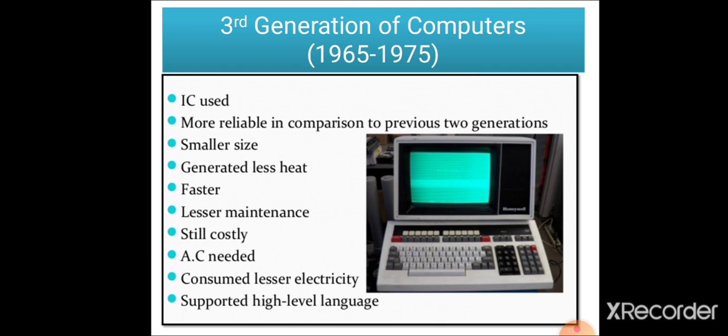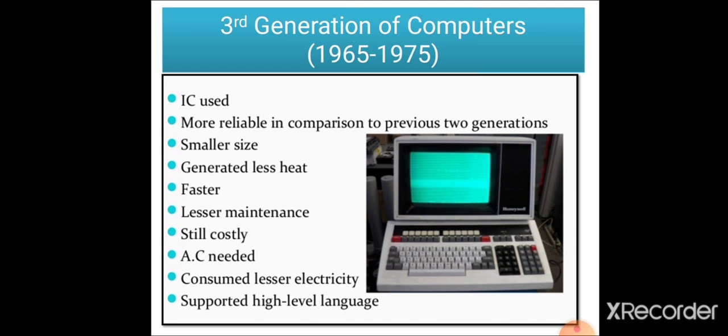These computers are more reliable when compared to the first 2 generations of computers. Reliability means you can trust the output given by the computer. These computers are also very small in size when compared to the first 2 generations.